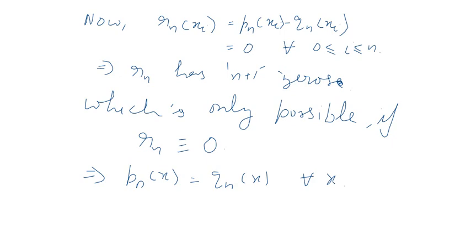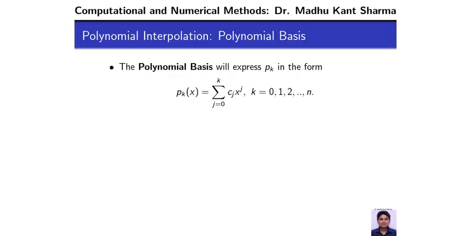Okay, so next we are going to learn the Lagrange form of interpolating polynomial. Okay, right. Before going, we should not miss the fact that we can actually go for the polynomial basis. Means the basis is 1, x, x square, x cube and so on up to x to the power n. You are going to obtain an interpolating polynomial of degree n by using this basis.